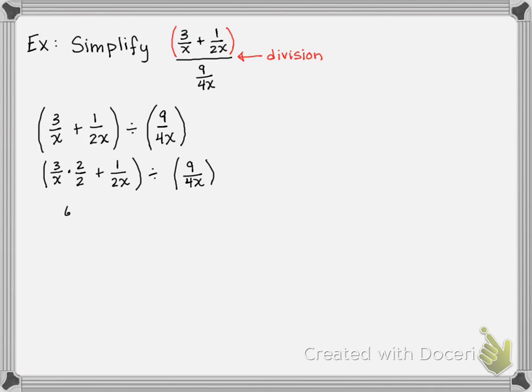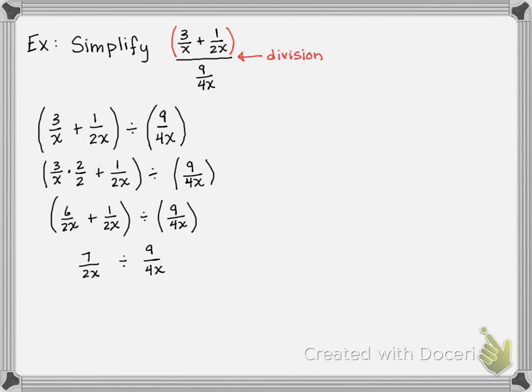So I have 6/2x plus 1/2x gives me 7/2x divided by 9/4x.